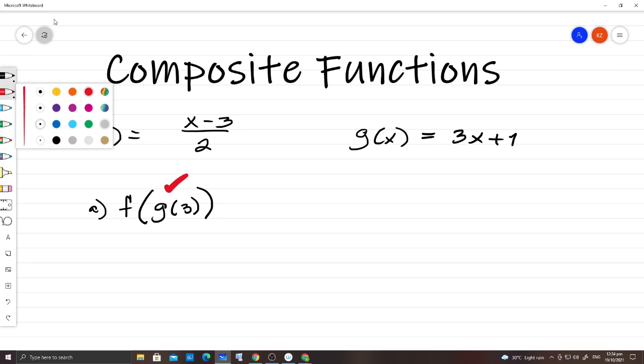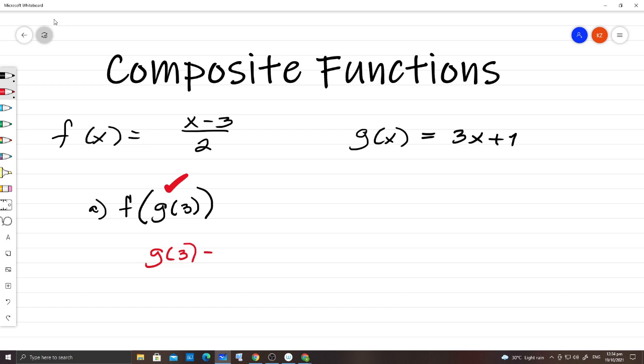So I'm going to find g of 3 first. g of x is 3x plus 1, so g of 3 is equal to 3 times 3 plus 1. So we have 10.